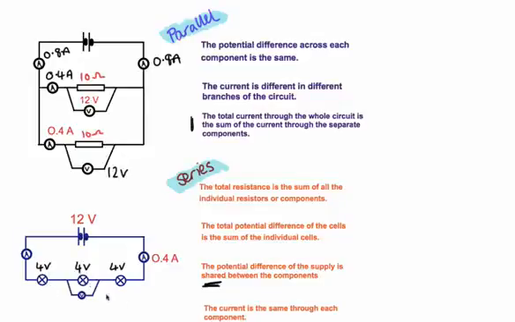If these are identical lamps, the potential difference would be shared between them. The other thing is that we've got a current here of 0.4 amps. What's the current over the other side? Well, we know the current is the same in the circuit, so it would also be 0.4 amps. In actual fact, wherever we measured it in the series part of the circuit, it would be 0.4 amps. Okay, so that's applying it in a slightly different way for these two circuits with some different values in there.